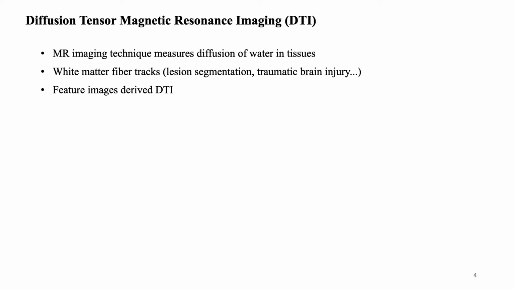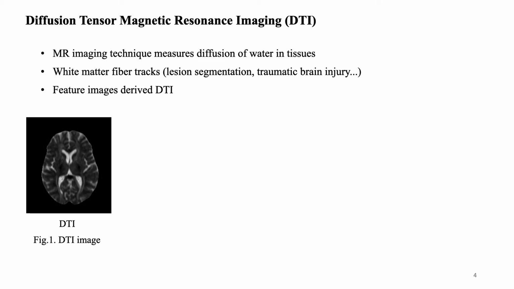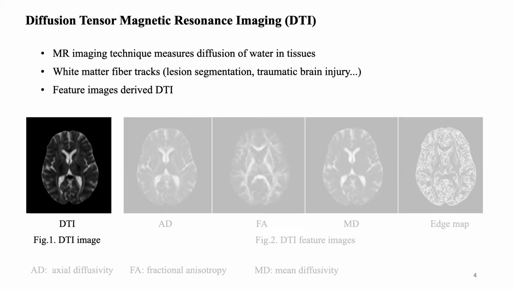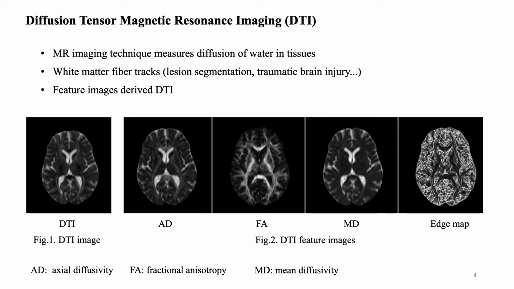We can also get some feature images from the DTI. This image shows you one slice of the DTI image. It is a tensor image. From the tensor image, we can get scalar images such as AD, FA, MD, and edge map. From these images, we can see the boundary of the thalamus is easier to see.